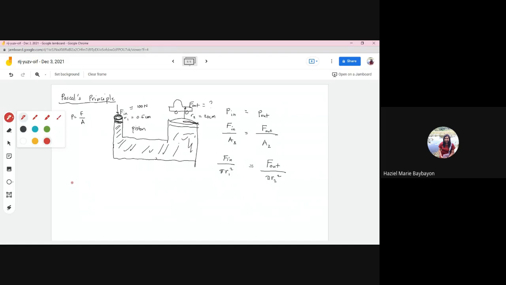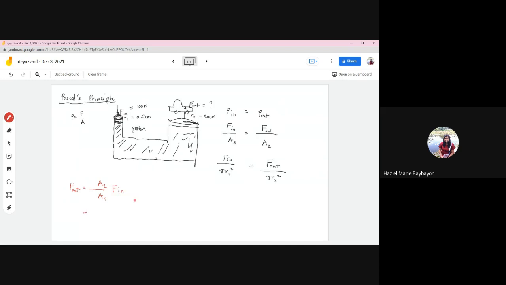Okay. So, for the output force, from our equation, P in is equal to P out. We have F out equal to A sub 2 divided by A sub 1 multiplied by the input force.